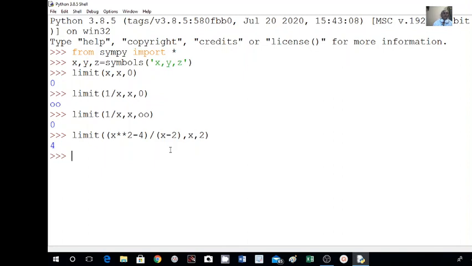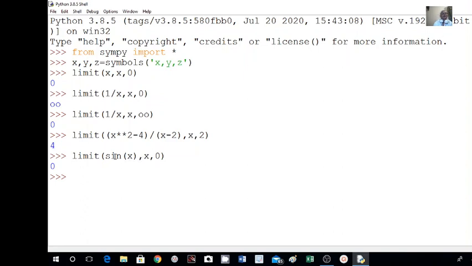Next again I will go for limit of, say, sin of x. I have to write the argument in the bracket, x comma 0. Sin theta by theta as theta tends to 0 is equal to 1.